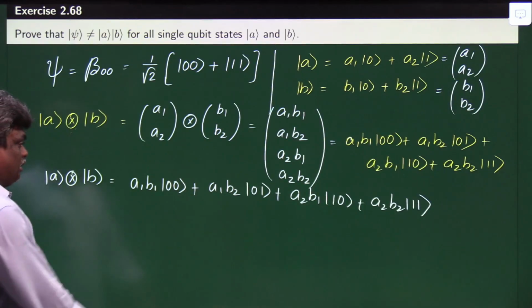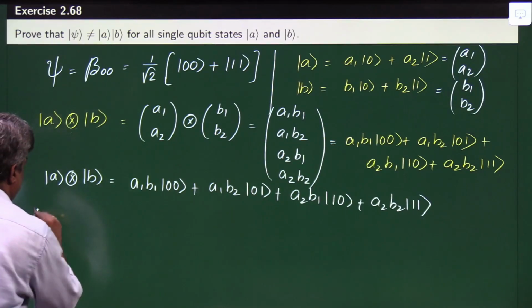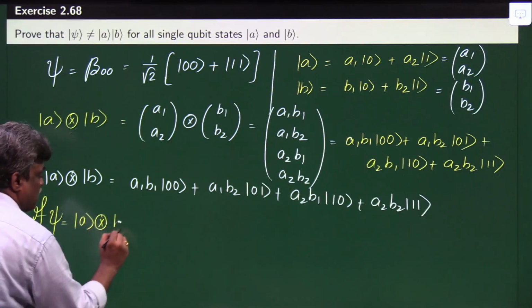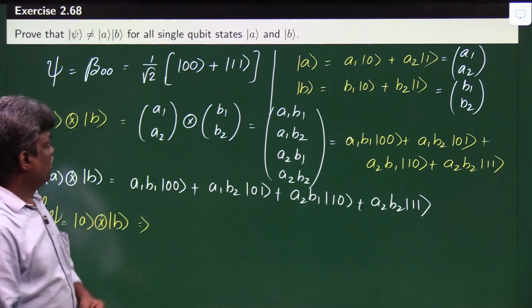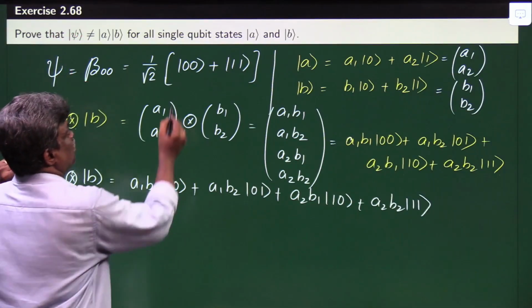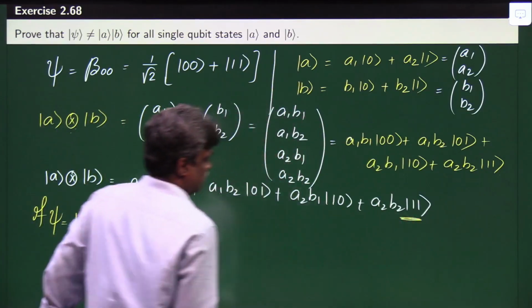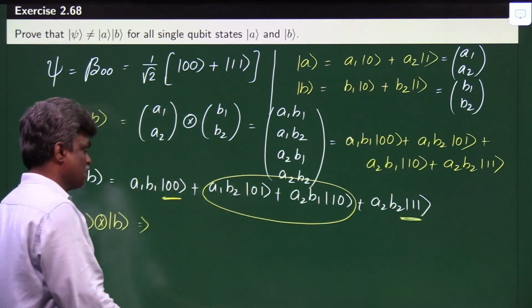Okay. Now let us suppose this is equal to psi. So what will happen if psi equals the tensor product A and B? Then what is the meaning of that? If this tensor product is equal to psi, then definitely we must have only a 00 state and a 11 state. So these two states must be 0. What is the meaning of that?